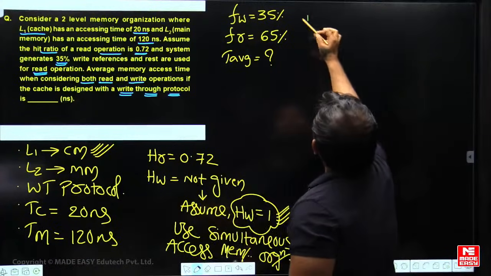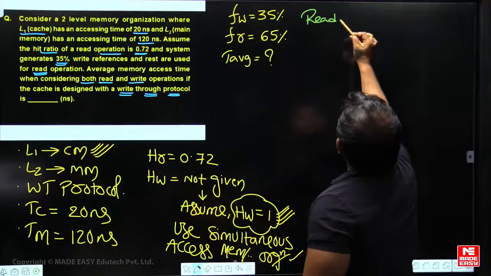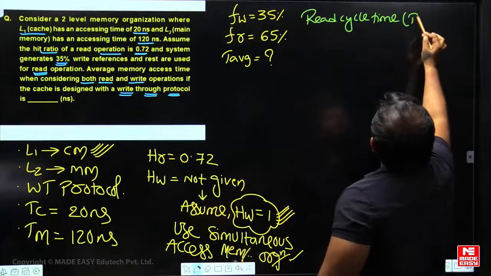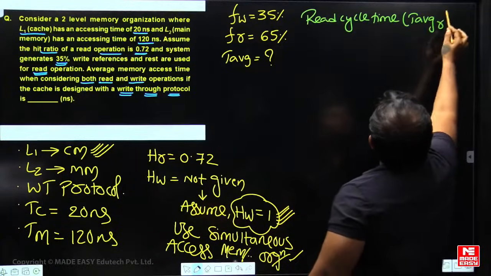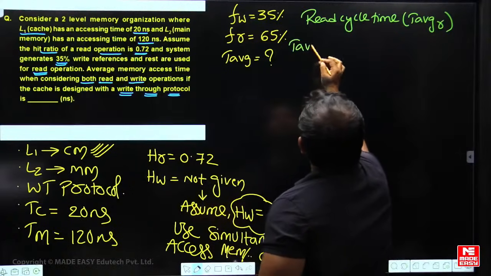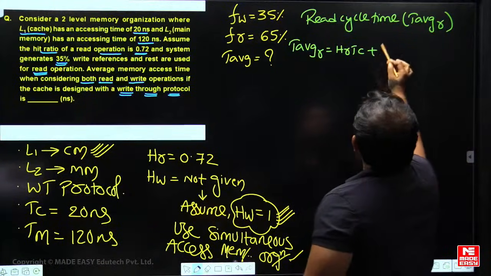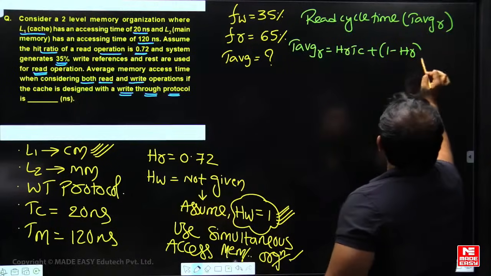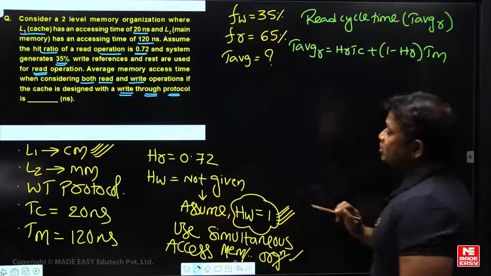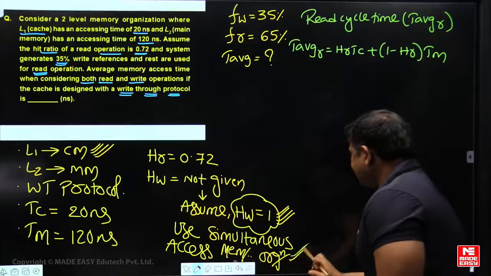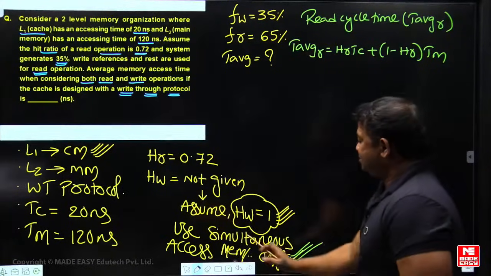Now, read cycle time for the read operation, T average of read equals HR into TC plus 1 minus HR into TM. Don't say TM plus TC, because it is a simultaneous access memory organization.